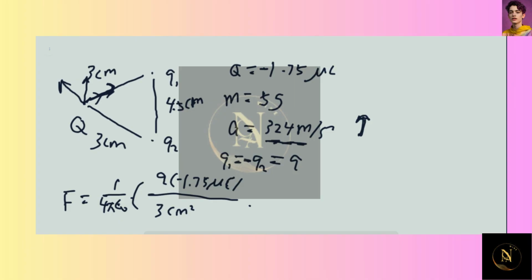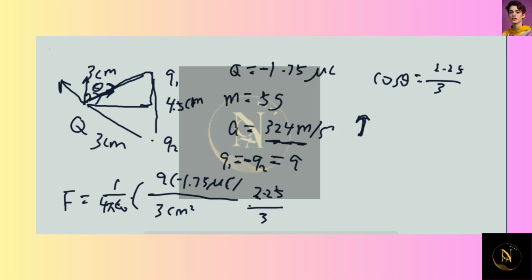So we multiply by the factor 2.25 divided by 3. This factor comes from cosine theta, suppose this is theta. If you utilize this triangle, you'll see that cosine theta equals 2.25 over 3.